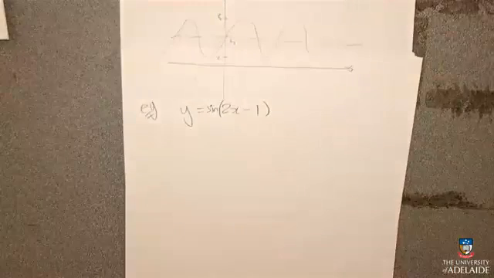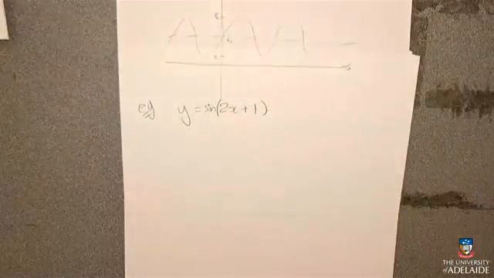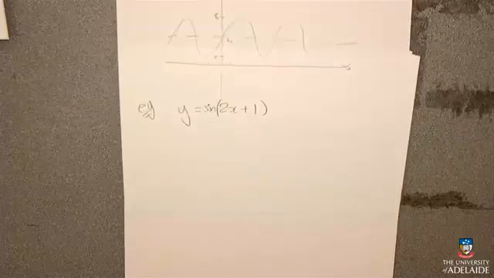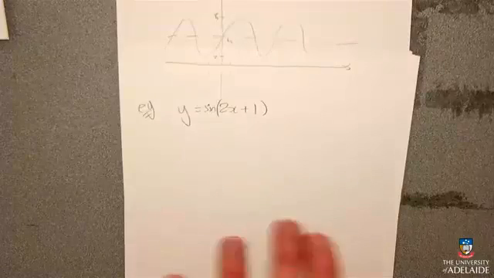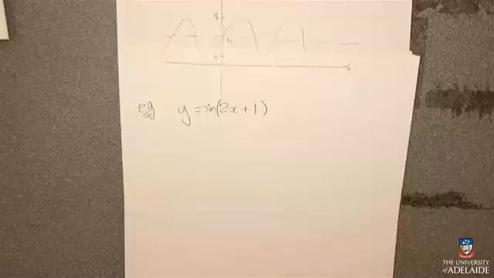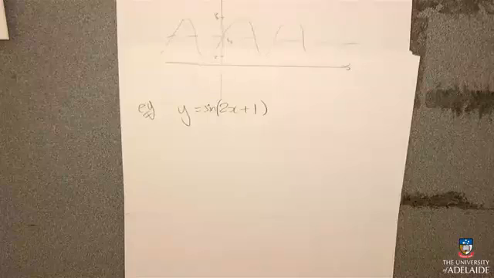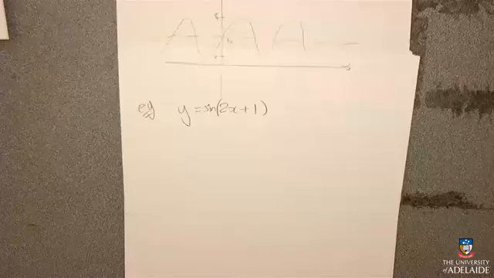Let's do a 2x plus 1 here. So what this is doing is it's saying, first I'm going to get all my x's, I'm going to do something to them, and then I'm going to calculate sine. That's a bit trickier, right? So I've got a plan, it's not necessarily a good plan, but I'm going to run with it.